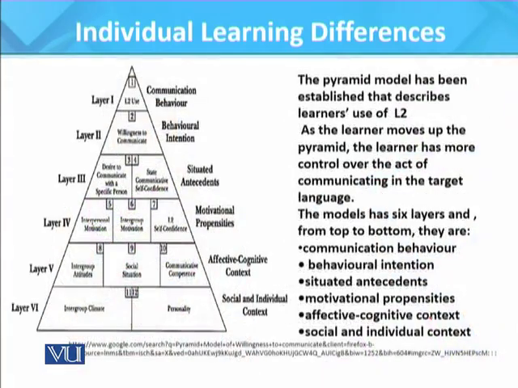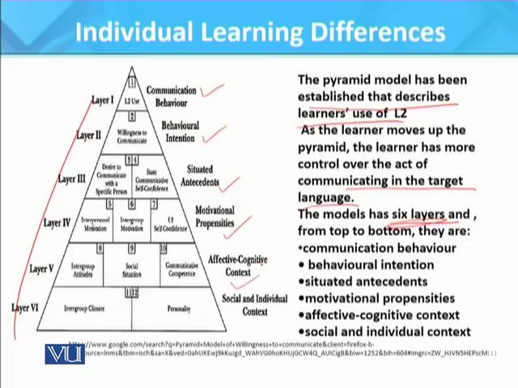To understand willingness to communicate, the pyramid model has been established that describes learners' use of the second language. As the learner moves up the pyramid, the learner has more control over the act of communicating in the target language. The model has 6 layers, and from top to bottom, they are communication behavior, behavioral intentions, situated antecedents, motivational propensities, affective cognitive context, and social and individual context.